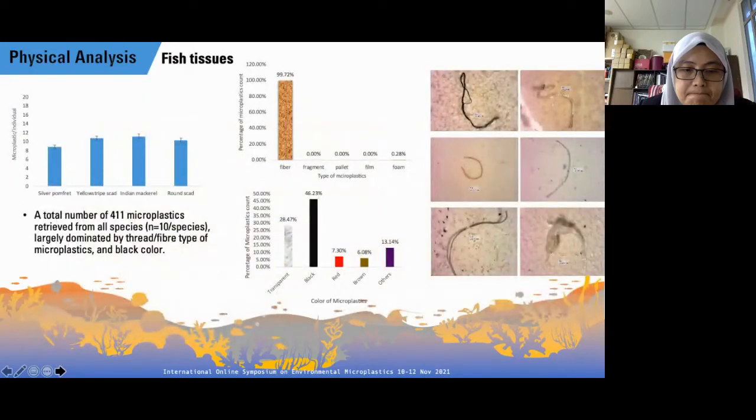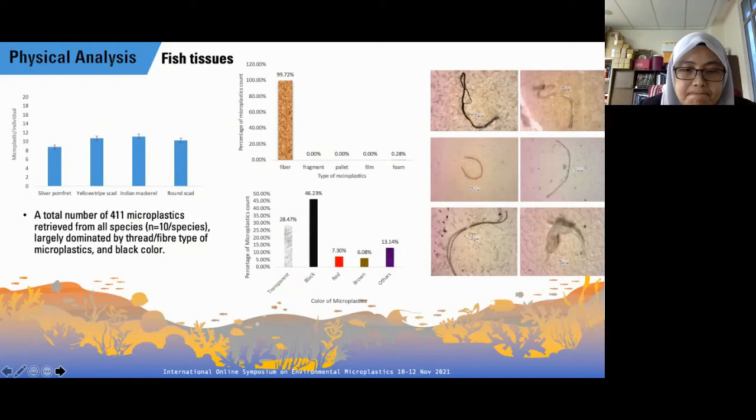And for the fish tissues, a total of 411 microplastics were retrieved from all species in the pool, mostly also thread and fiber type, and also black color. Note that this number is a bit lower than other numbers that have been published before, because for this particular study, we focus on microplastics in the fish tissues.